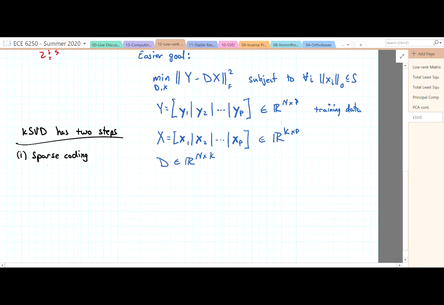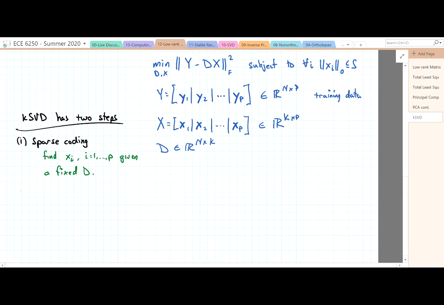And so this involves finding x_i, where i equals 1 to p, given a fixed D. And we want this x_i to minimize this y minus Dx.